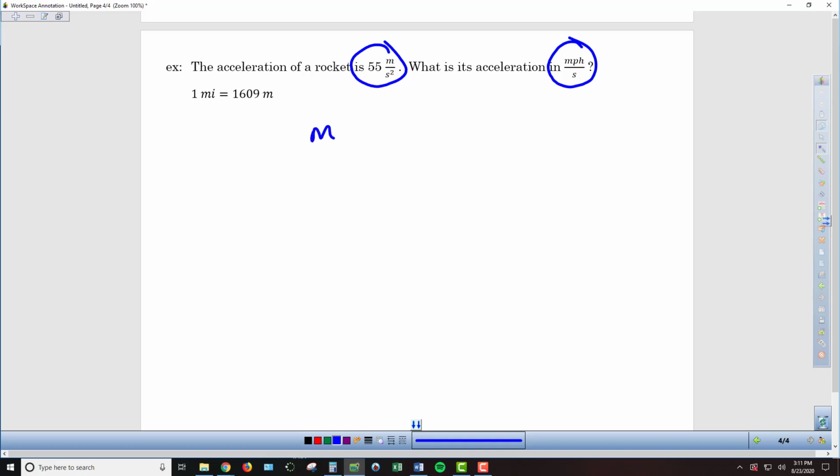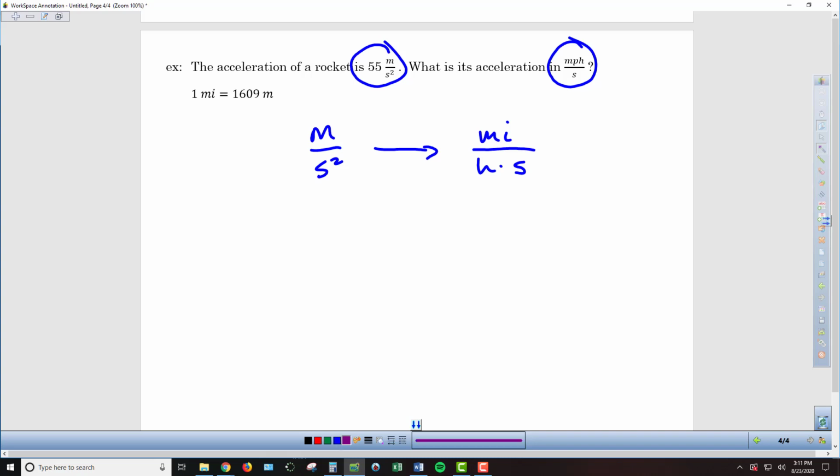And so if we take our meters per second squared, and then rewrite it as miles per hour per second, if we think of miles per hour, what that really means is we have miles in the numerator, and hours in the denominator, and then we already have the seconds in the denominator. So if we consider how we are going to get from meters per second squared to miles over hours seconds, what we're really looking at is two conversions that need to take place.